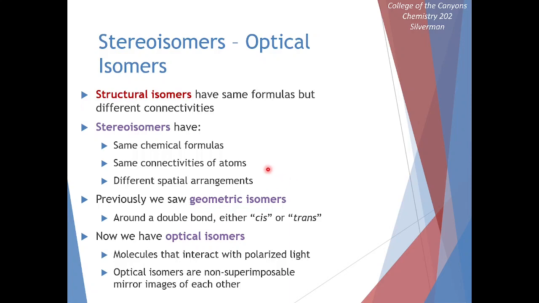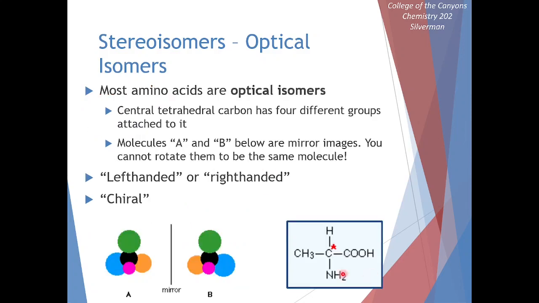These stereoisomers are mirror images of each other that are non-superimposable. Mirror images that are different from each other. Like we said, when we have a tetrahedral carbon with 4 unique groups attached to it, these will form stereoisomers, these will form optical isomers.